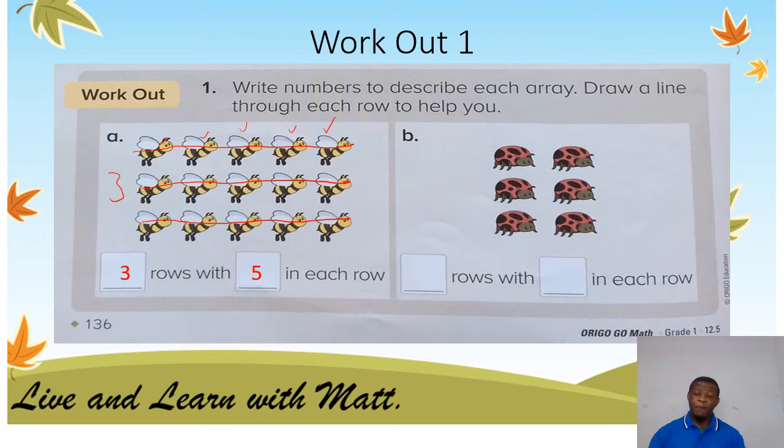Now part B. How many rows do we have? 1, 2, 3. And how many ladybugs in each row? We have 1, 2. So we say 3 rows of 2 in each row.